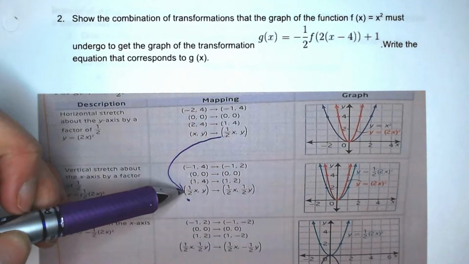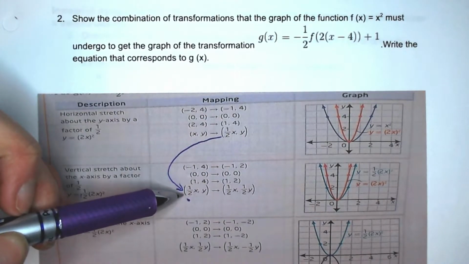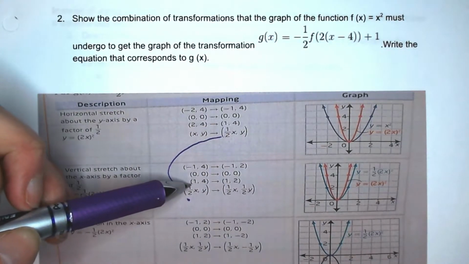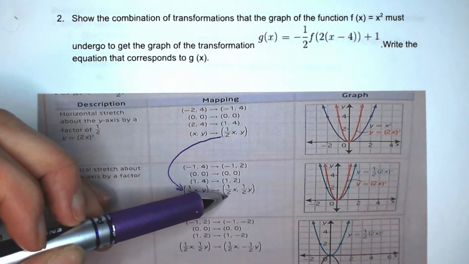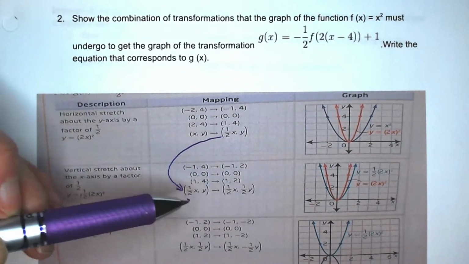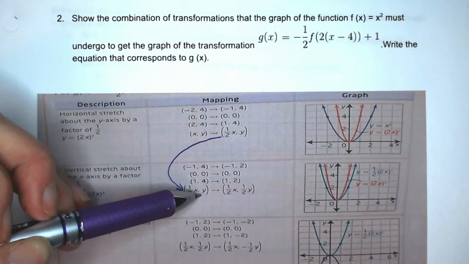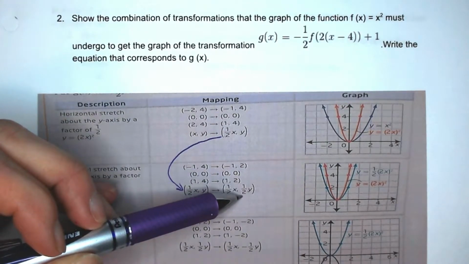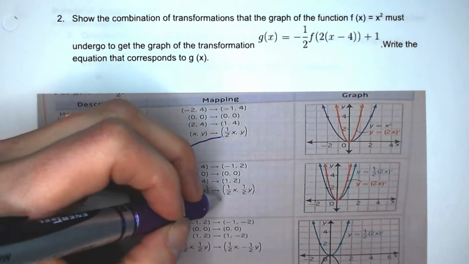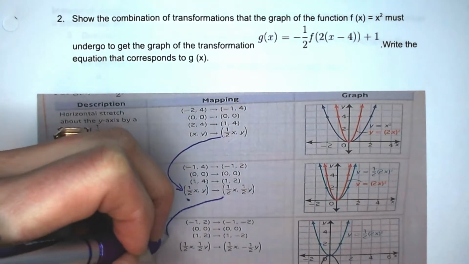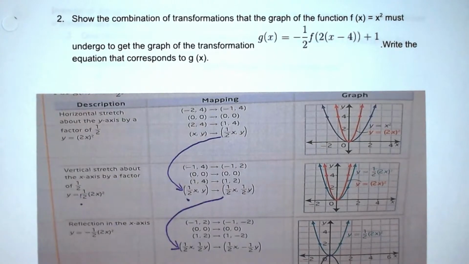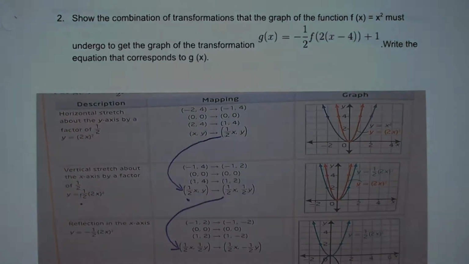And in our general format for our mapping coordinates, this 1/2 x, nothing's changed. We're leaving it alone and moving it over here. And then all of our y values are being multiplied by 1/2, which is our value of a. Keep in mind again that this now becomes our starting point for the next step.